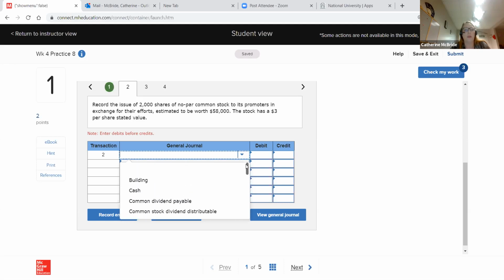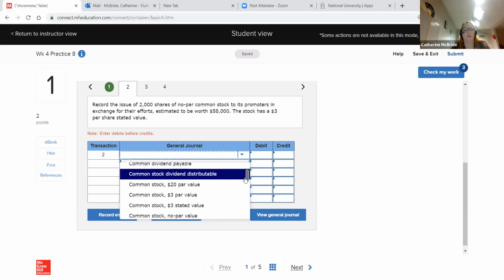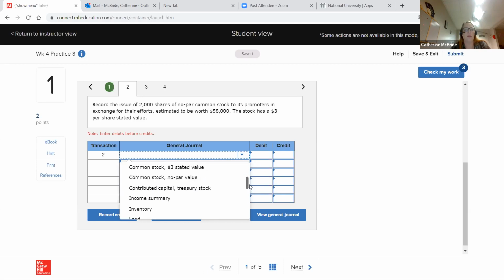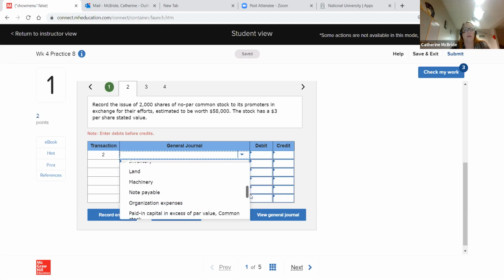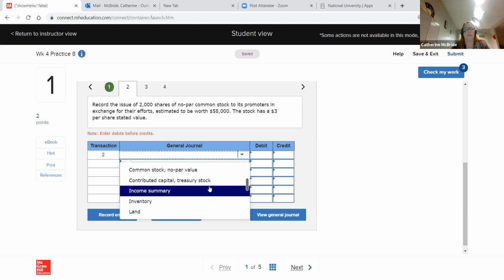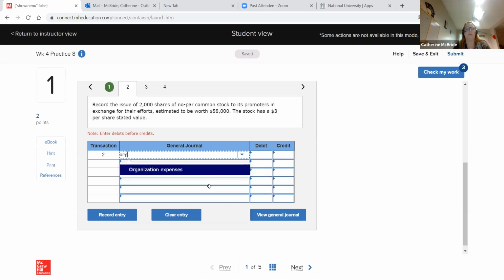Well, the only expense we have, promoters in exchange for their efforts. Okay, so the only expense we even have is organization expense. So they did $58,000 worth of organization for setting up the company.